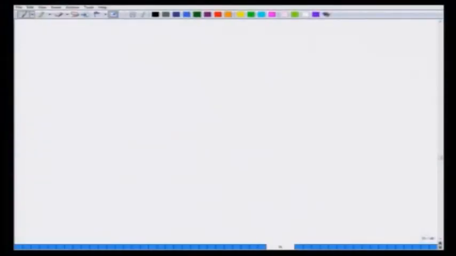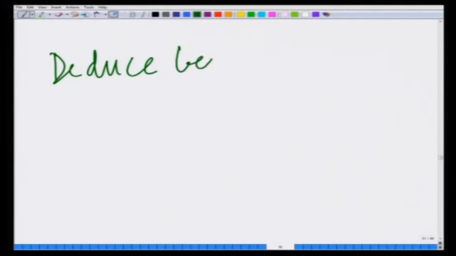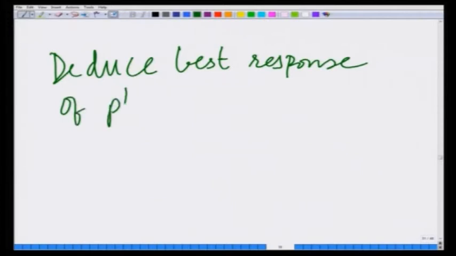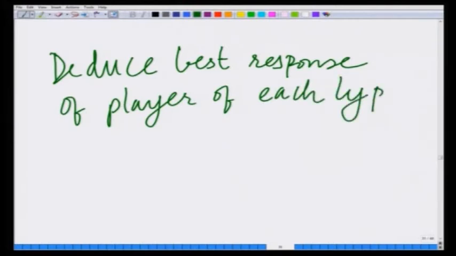So we have figured out the best response of the player of each type.